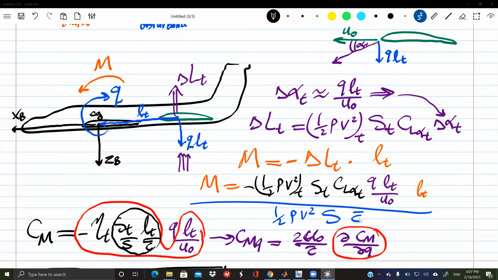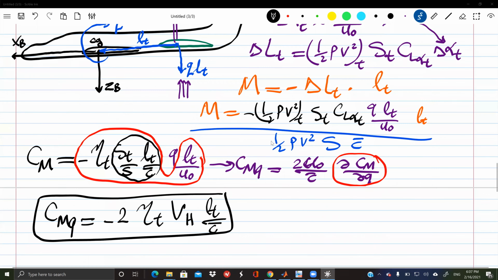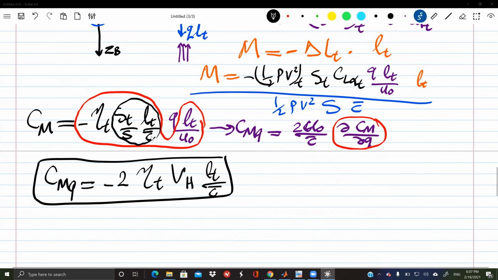So all these things in the numerator will be that of the wing. If I'm considering wing stuff, these things will cancel with each other. And the eta tail term is the representation of that. It's the ratio between 1/2 rho V squared on tail and wing. This is the same as our eta tail that we had in the first half.